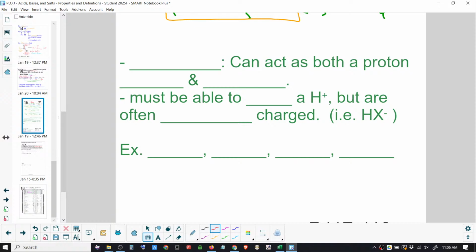Okay, some definitions. Amphiprotic. It's the same root that you get the word ambidextrous from.